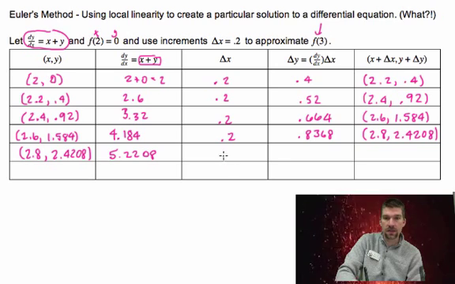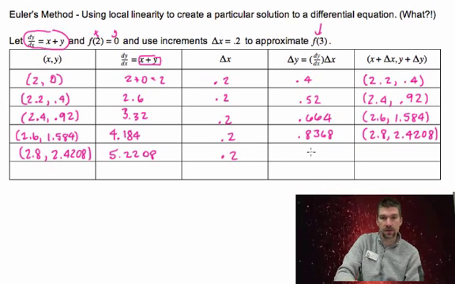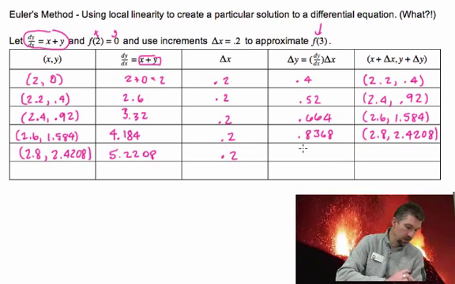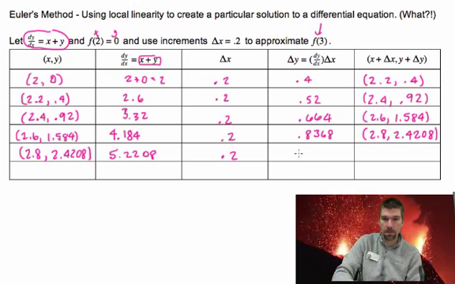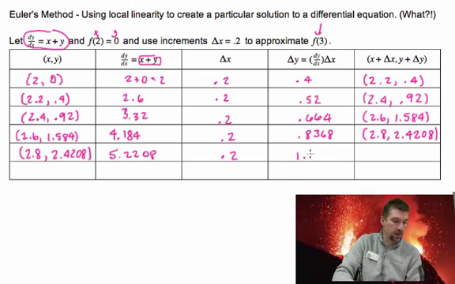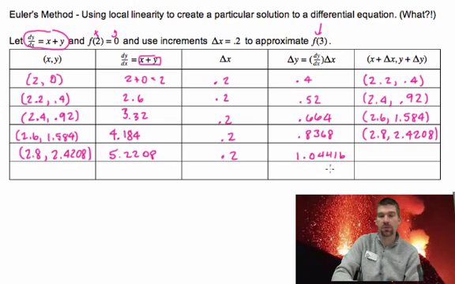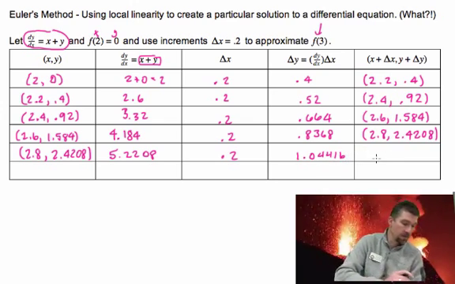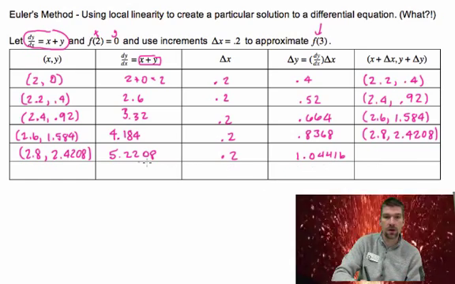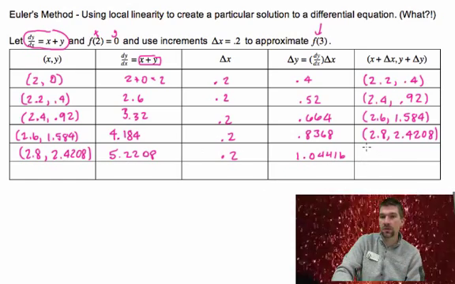And please double check me as I go. I can sometimes get off track on this chart. This can be a bit tricky. So 1.04416. I'm going to carry through all the decimal places because I want to be as accurate as possible. So here we go. 2.8 plus 0.2 is going to be 3.